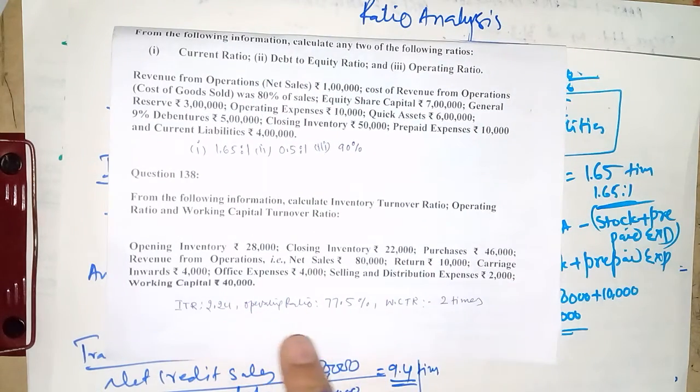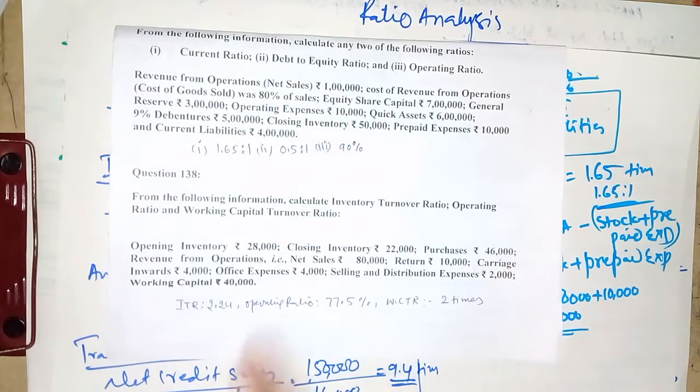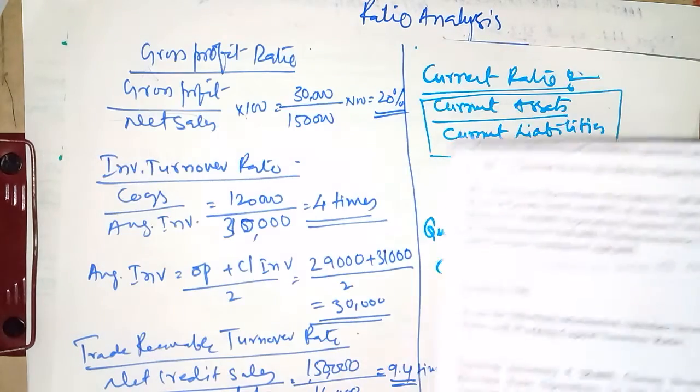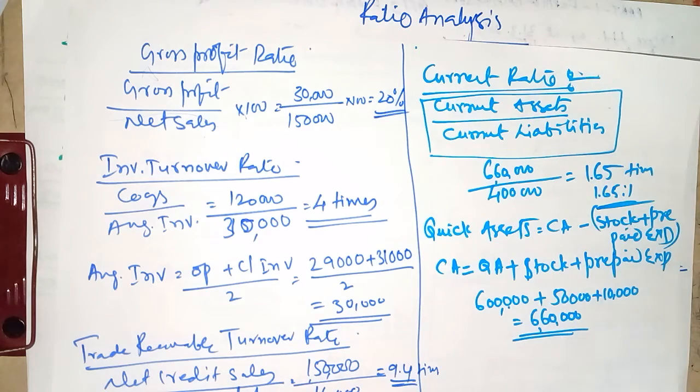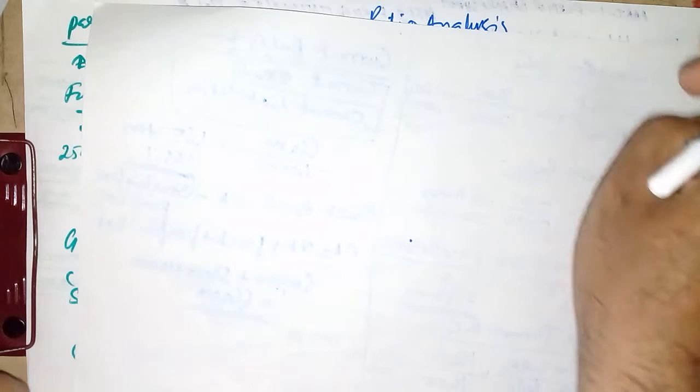Then what we have been asked to calculate is debt equity ratio. This is a very, very important ratio, debt equity ratio. What is the formula of debt equity ratio? Debt equity ratio is equal to long term debts divided by shareholders fund.